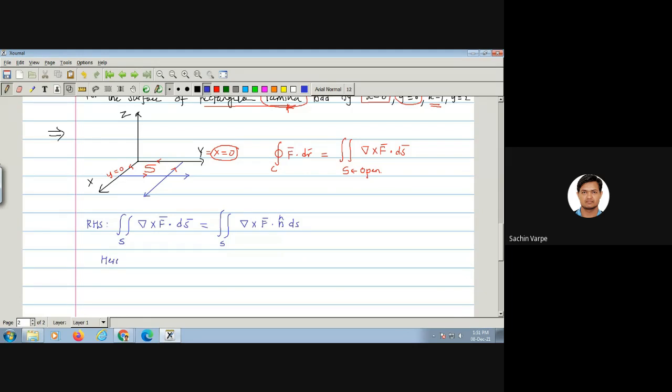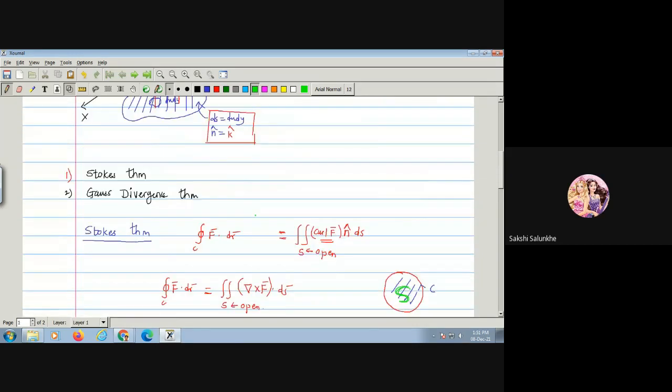Here, what is the value of n cap? N cap is the unit normal vector which is perpendicular to this plane. So n cap is k cap, if our surface is in the xy plane.